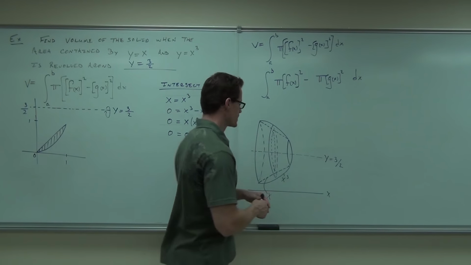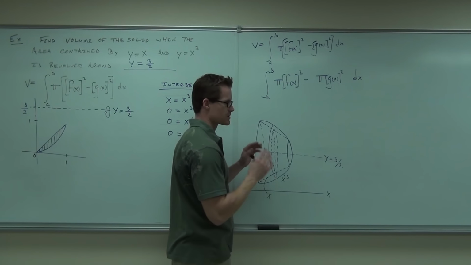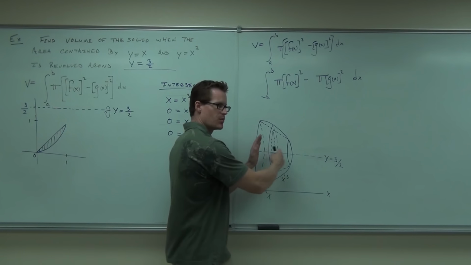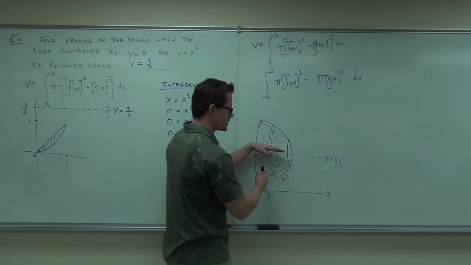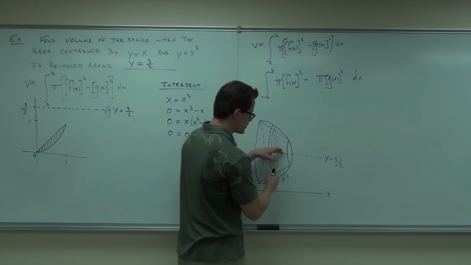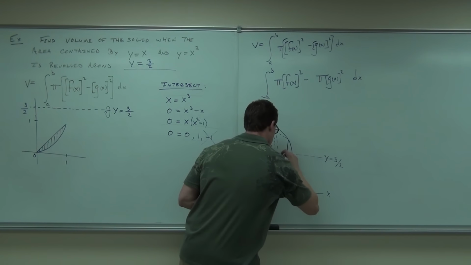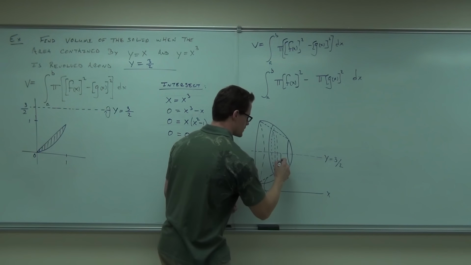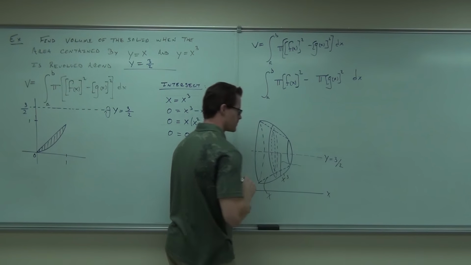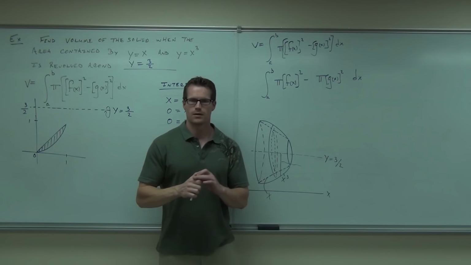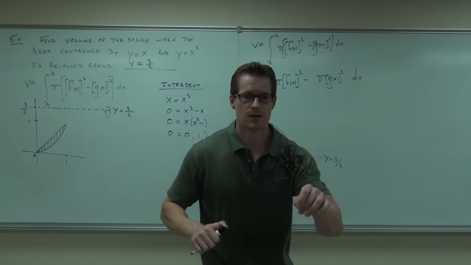How would I find out the distance? Oh, let's think for a second. At any random point x, how would I find the distance between a constant line 3/2, let's say right here, and this, which is what I'm looking for? How far is that? 3/2 minus x cubed.